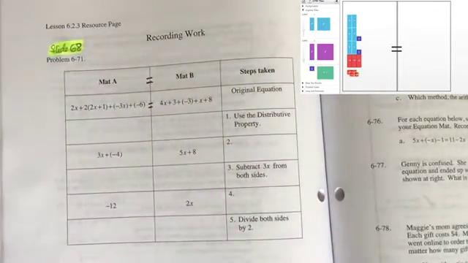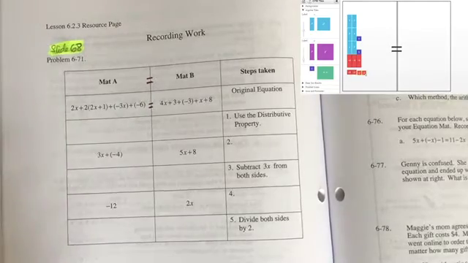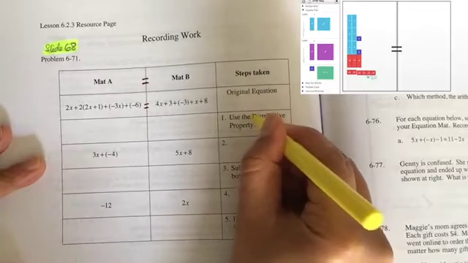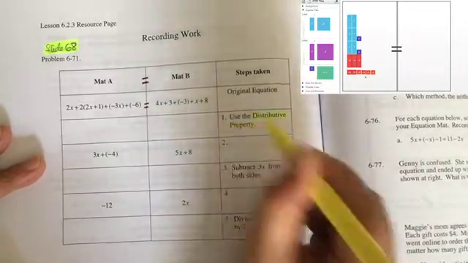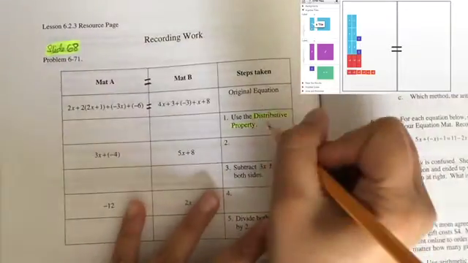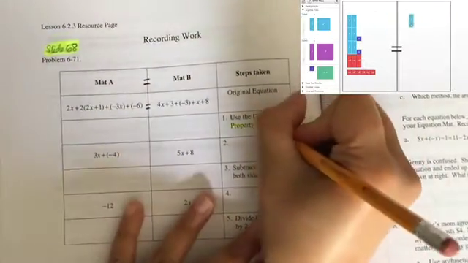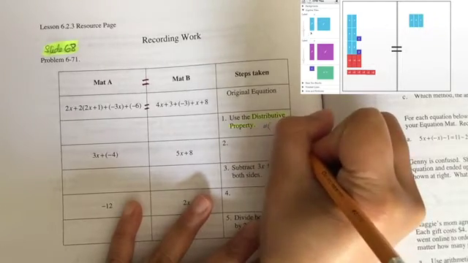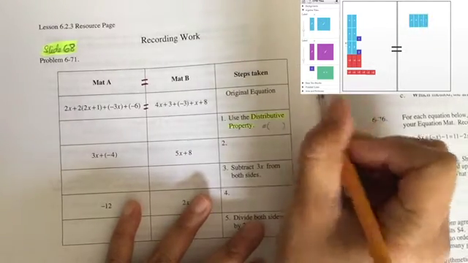So I'm going to look at both mat A and mat B and look for where there could be some distribution. So distributive property means that you have some number being multiplied by a group of numbers.